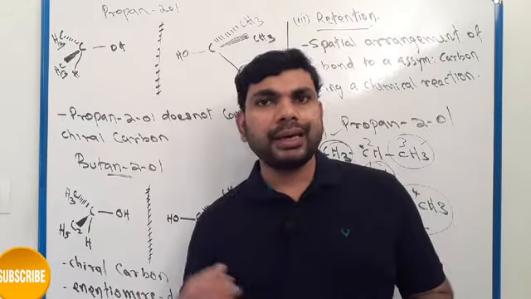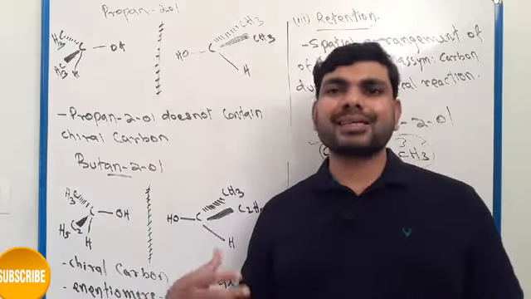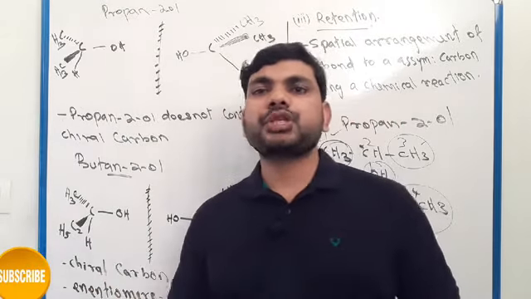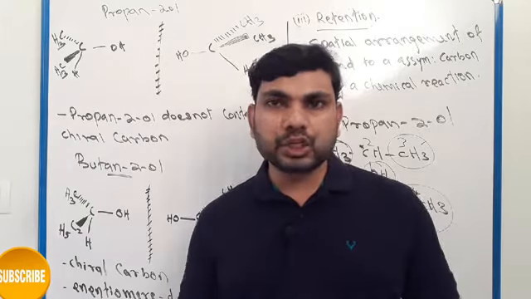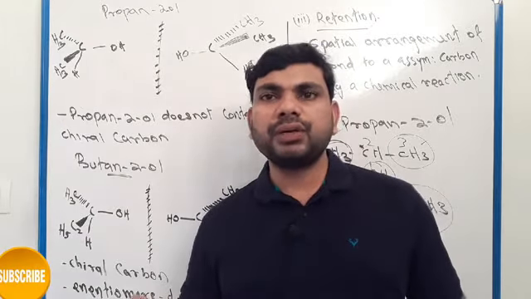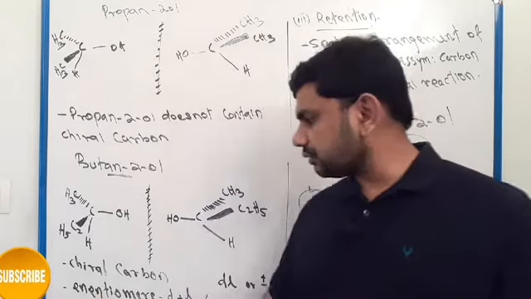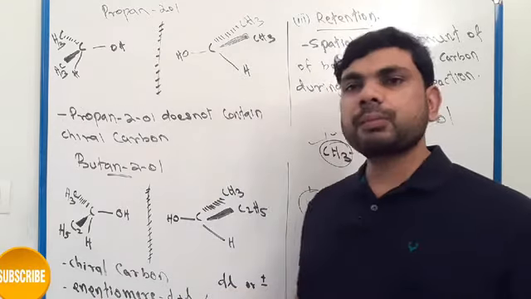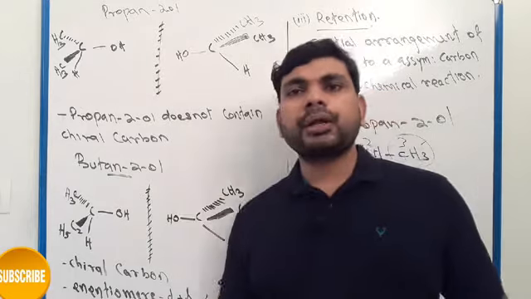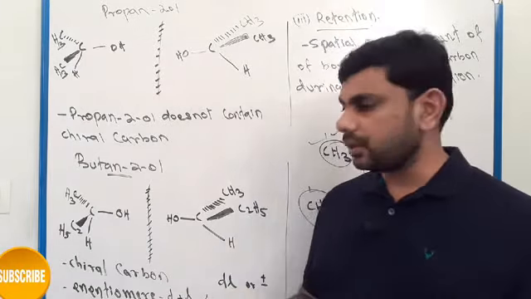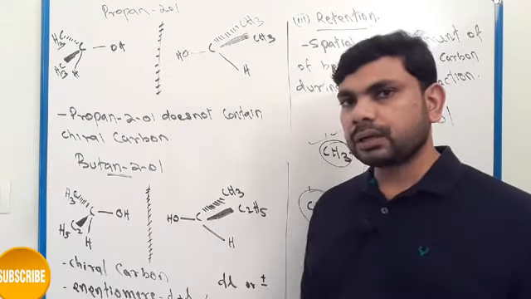Enantiomer means the same as a racemic mixture. We already discussed racemic mixture. Racemic mixture means a mixture which contains equal amounts of D and L isomer. Same definition for enantiomer.